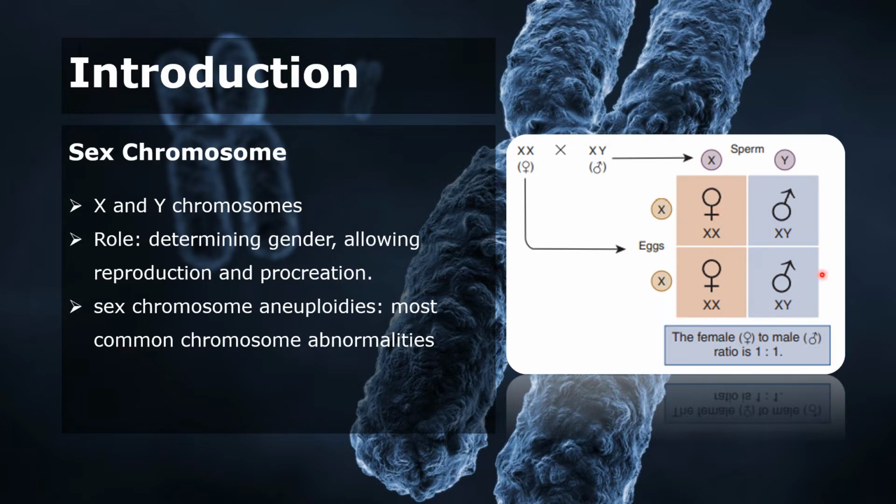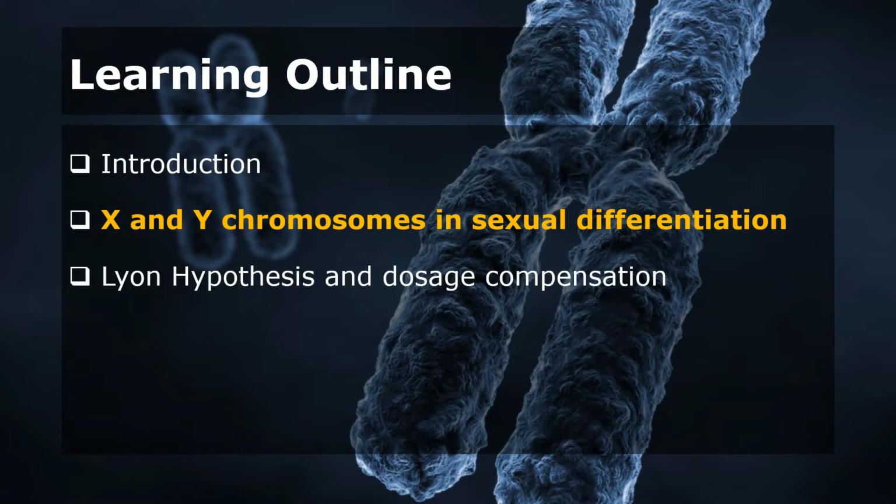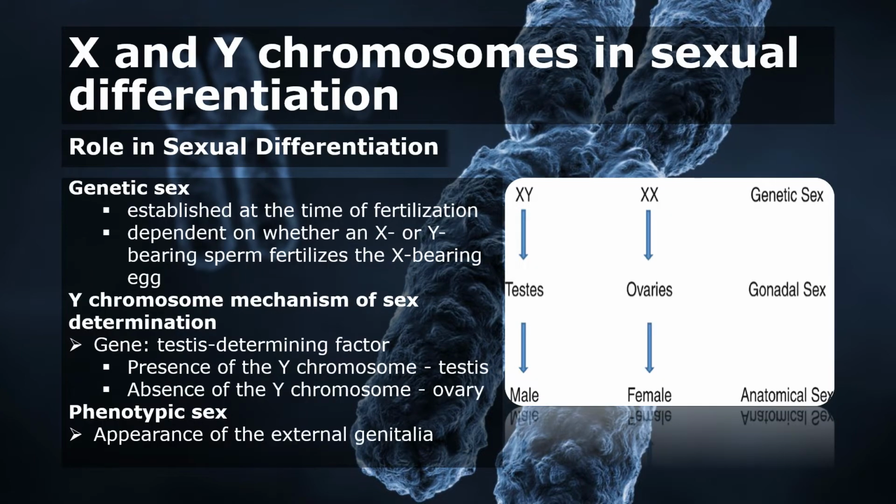Okay, so for the next, we will discuss the sexual differentiation of X and Y chromosomes. So what is the role of X and Y chromosomes in sexual differentiation? First, we have genetic sex.